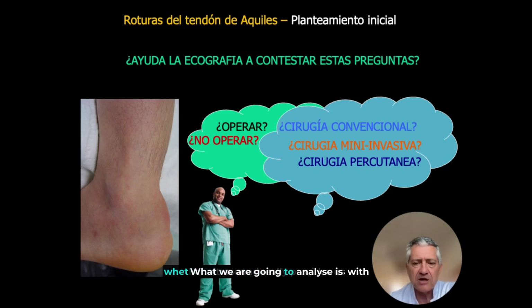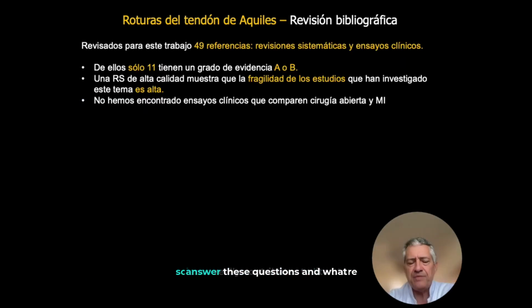What we are going to analyze is whether ultrasound really provides us with information to answer these questions, and what science truly contributes to the literature reviews regarding publications on this issue. For this work, we have reviewed 49 references, of which 11, including systematic reviews and clinical trials, had a relatively high level of evidence, A or B.